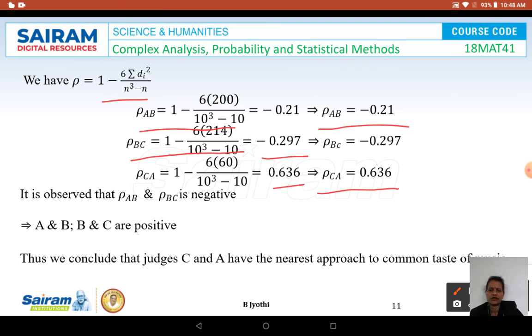And it is observed that rho AB and rho BC are negative. So this implies that A and B, B and C are not in agreement. Thus we conclude that the judges C and A have the nearest approach to common taste of music.